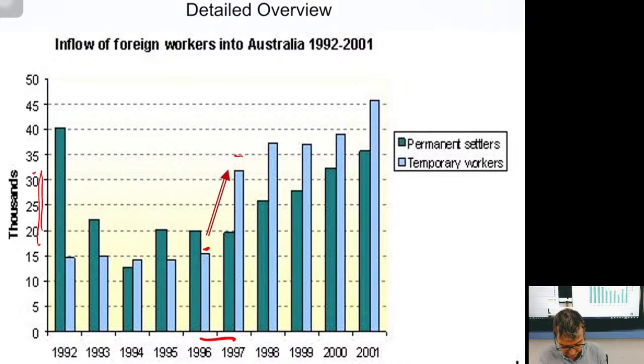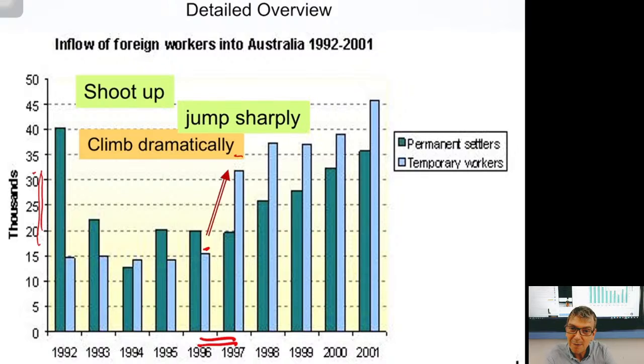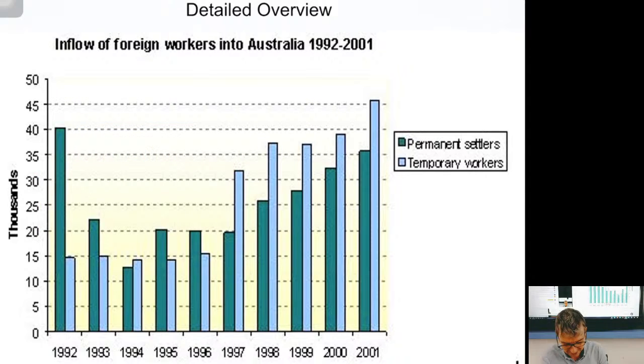So you could use shoot up, as in shoot a gun, climb dramatically, or jump sharply. Okay, but remember to change that again. So do you know the past tenses for that? So shoot would be shot, jump would be jumped, and climb would be climbed.